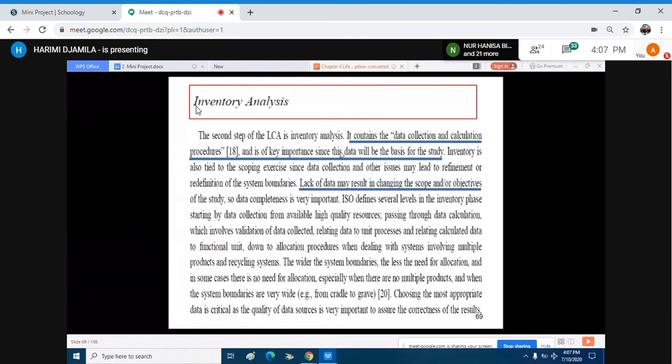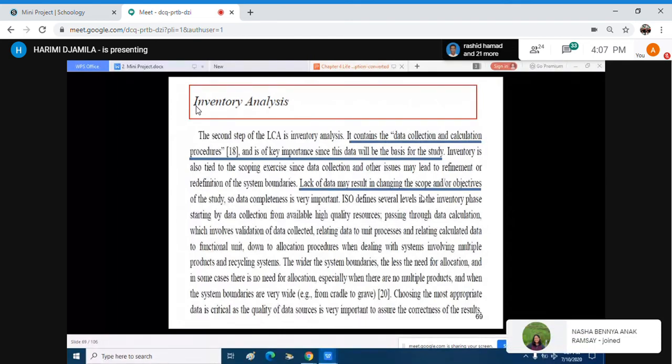Without the data, you cannot do life cycle assessment. So if you have a lot of data, it is good information. Lack of data may result in changing the scope and or the objective of the study. As simple as this.